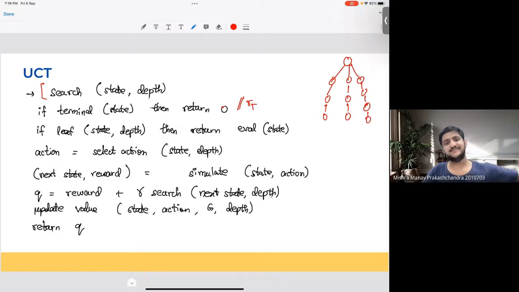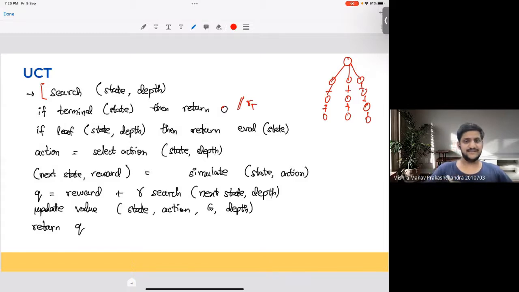Typically you don't let it go till the terminal state, because you have limited computational capabilities. So you stop it at some point and call it a leaf node. If you reach a leaf node, then you do some sort of future prediction, the eval state.